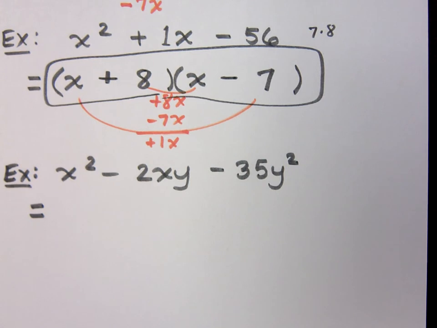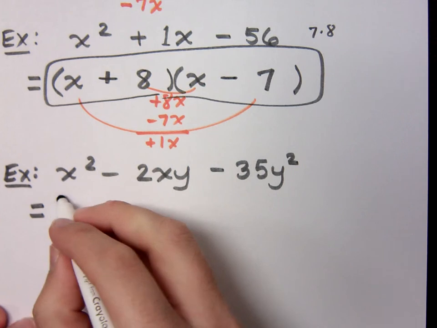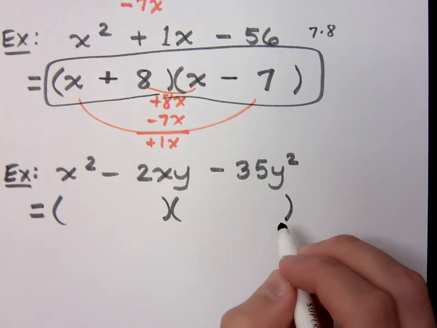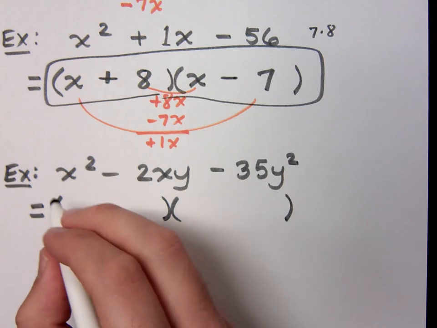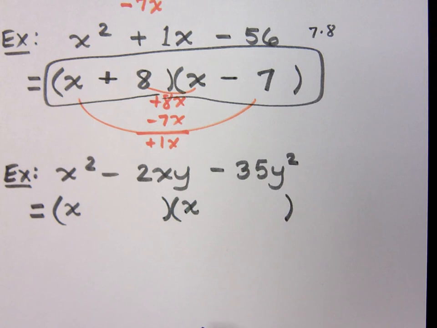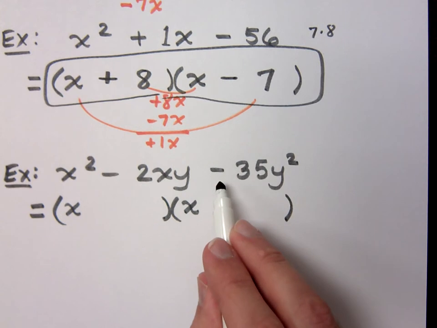No. You might think x, but the last term doesn't contain an x. You may think y, but the first term doesn't contain a y. But I say this problem is a lot like all the other ones that we've already been doing. How do you break down x squared? x times x. What do you know about your signs? We have a positive and a negative to get this negative, right?